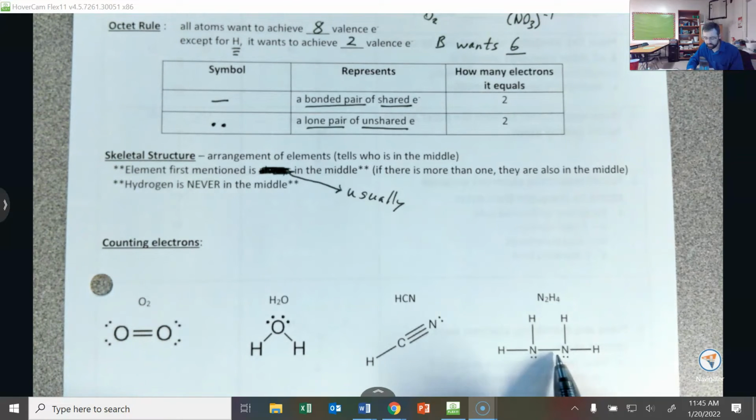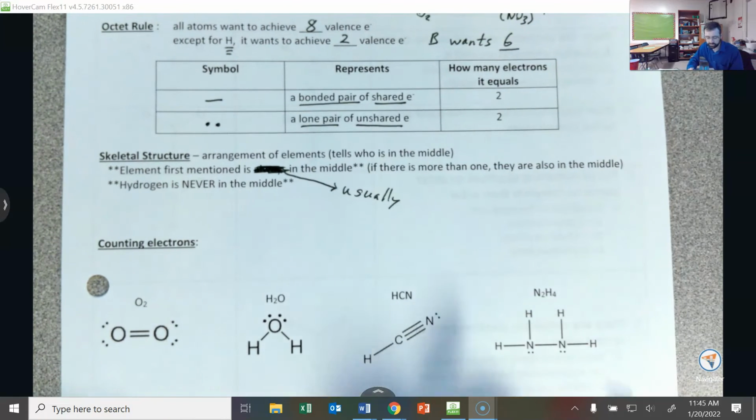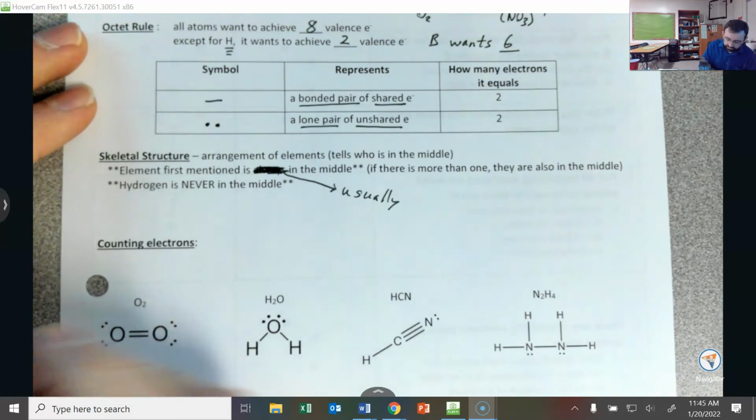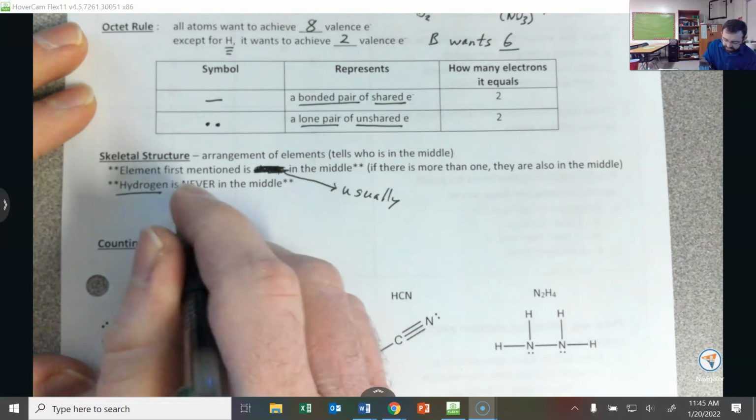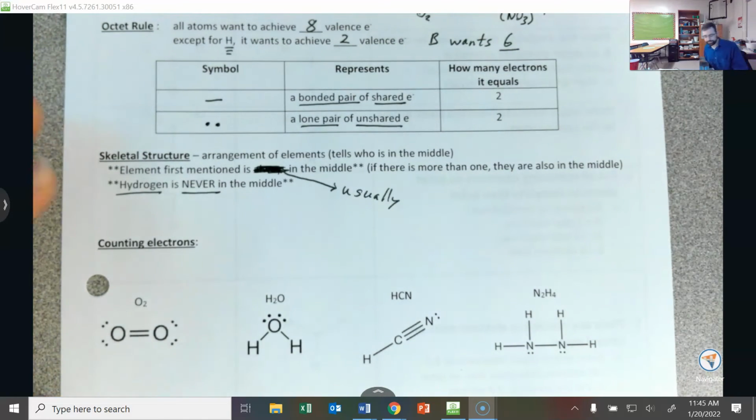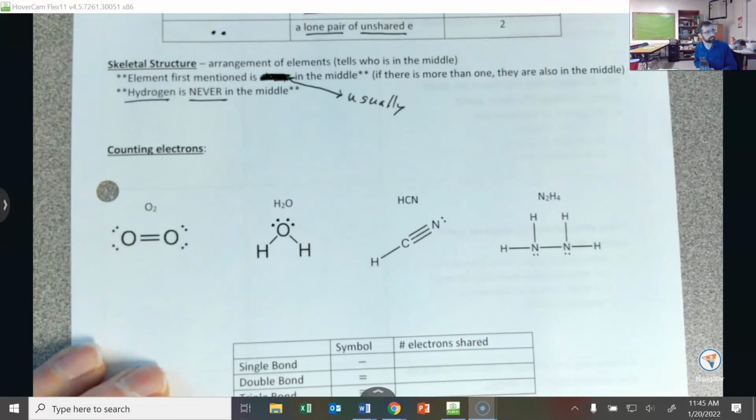So the 2 go in the middle and the 4 surround those 2. So you're generally going to have 1 element in the middle and then you have multiple elements on the outside. That's usually how it works. There's 1 central atom and then all of the other atoms are connected to it in most of the examples in pre-AP chemistry. Make sure you know hydrogen is never in the middle. You'll see why in a little bit.